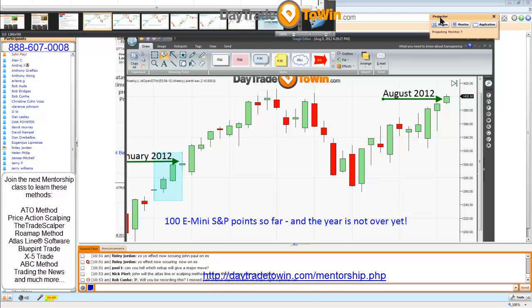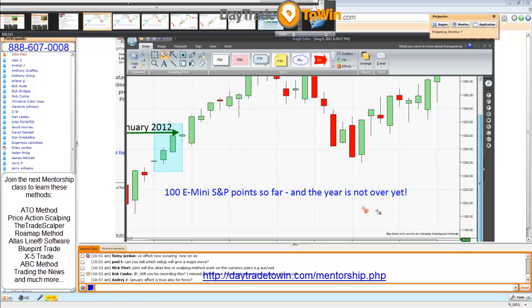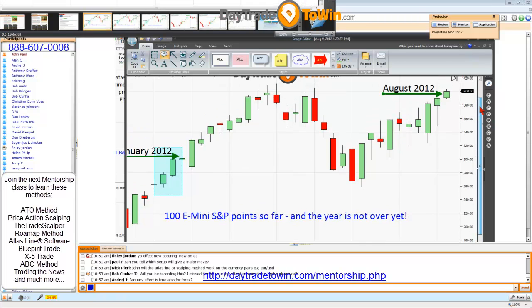Another opportunity to get in on this would be if price falls below January's high, just like it did here in May or June. Buy it.